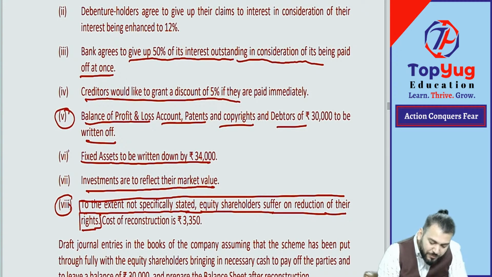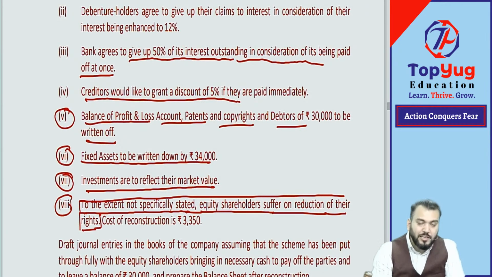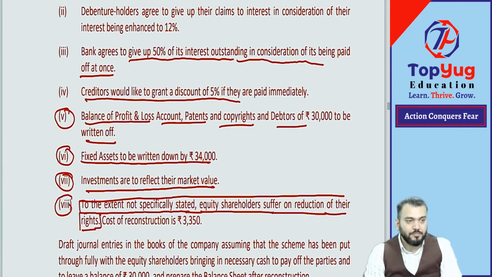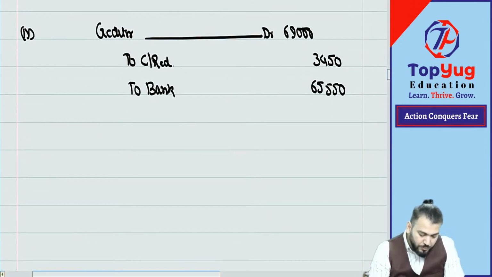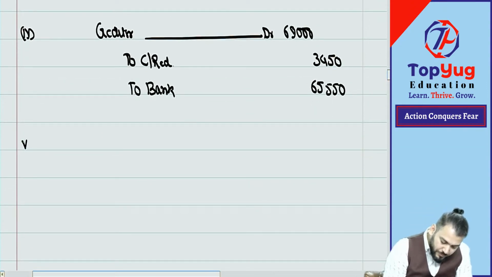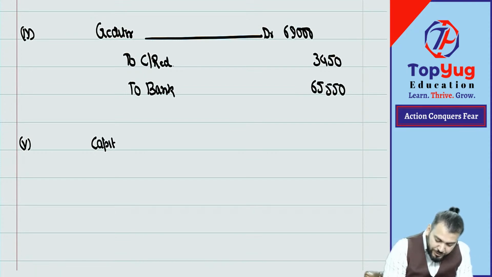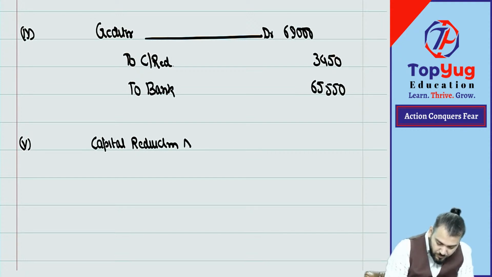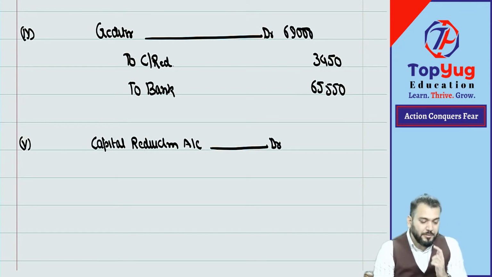So point number 5, 6 and 7 we can do as a compound entry. Can we do? So capital reduction account debit. How much?